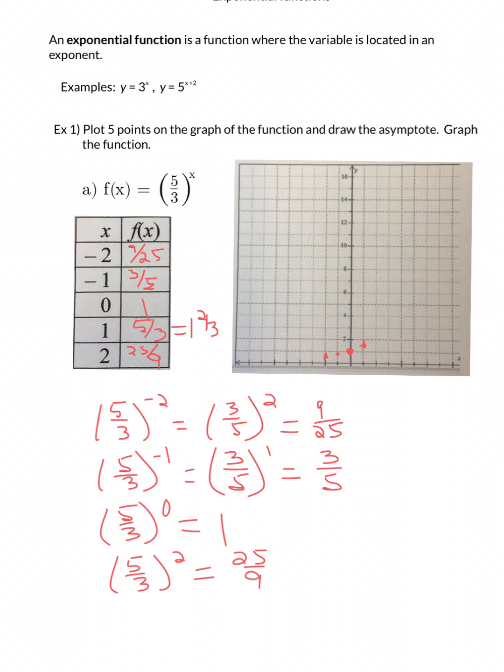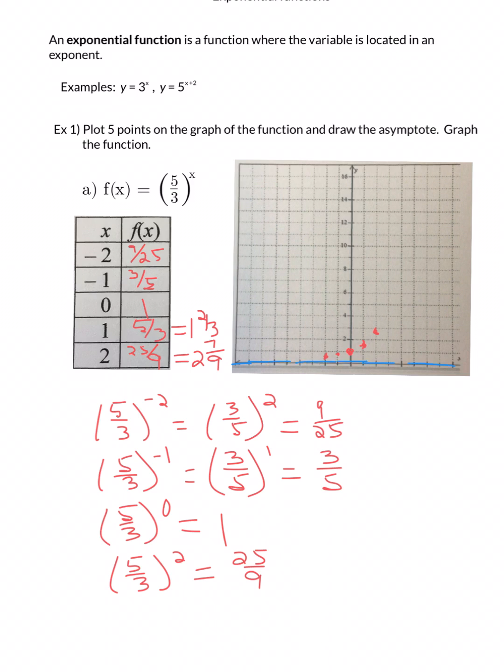And then at 2, we're at 25/9. That is 2 7/9. So we are almost to 3 when x is 2. The asymptote is the x-axis.